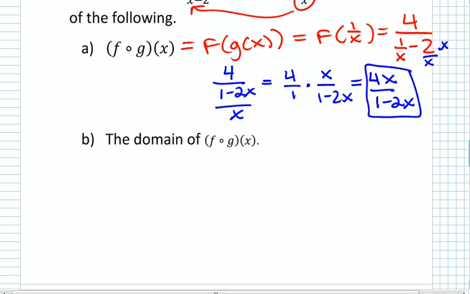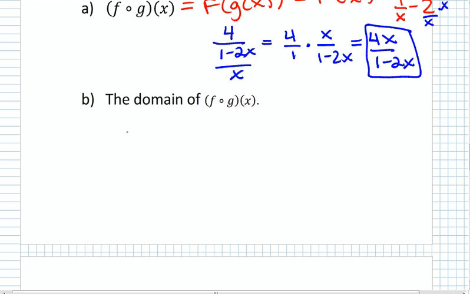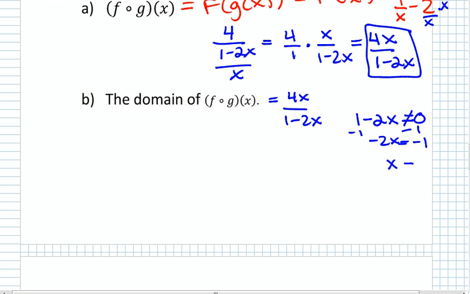Now the domain of f of g of x. Well, f of g of x, remember, is 4x over 1 minus 2x. Well, it's easy to figure out what makes the bottom equal to 0 here. If I subtract 1 from both sides, I get negative 2x equals negative 1. Divide by negative 2, and I get x equals 1/2.